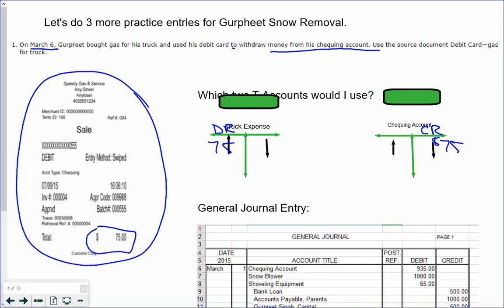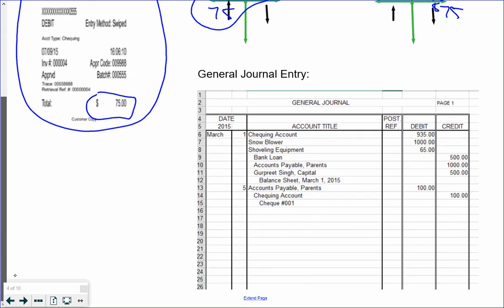So on the general journal, you always do the debit first. Oh, no, sorry, we're on March 6th now. So we do March 6th. We have truck expense, and we debit it $75.